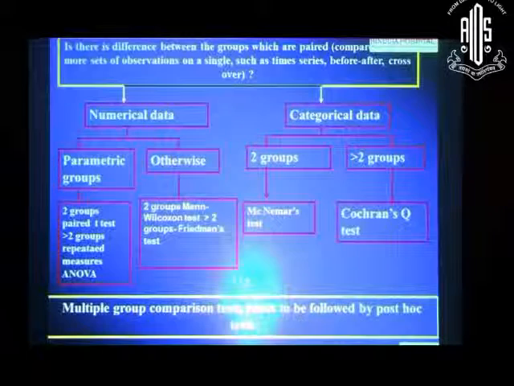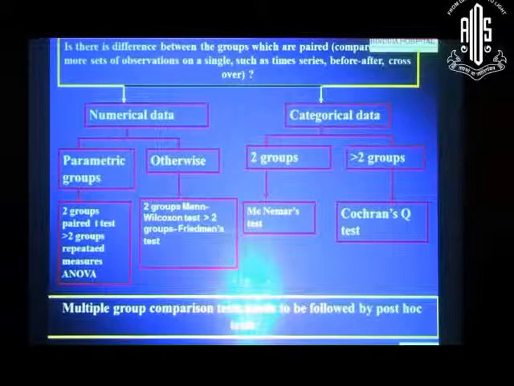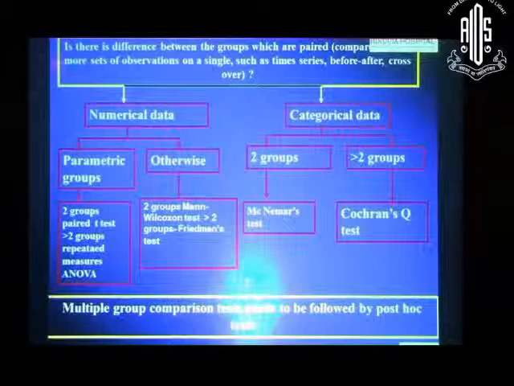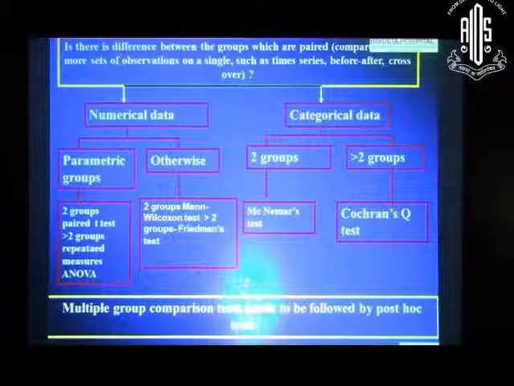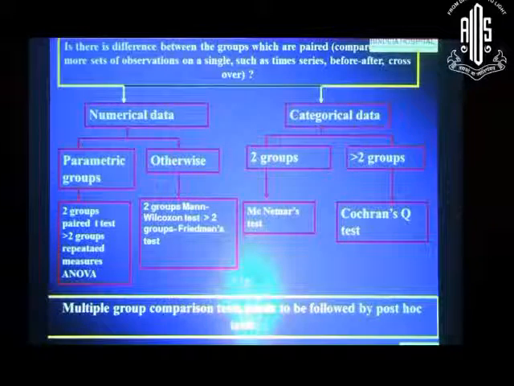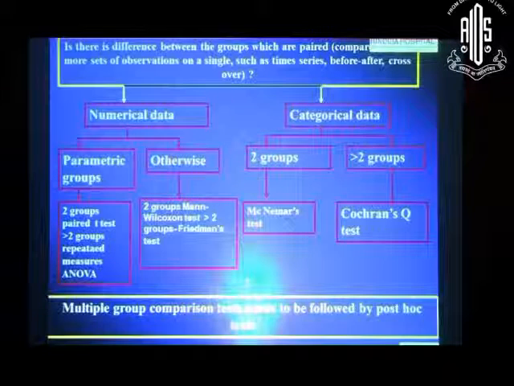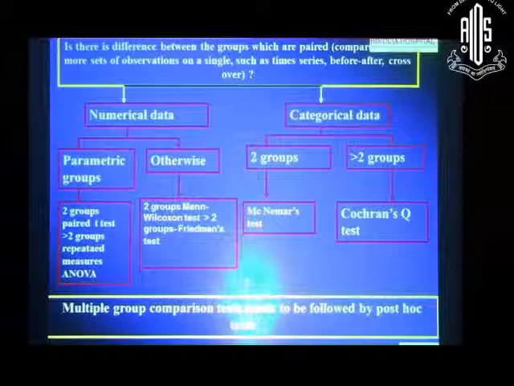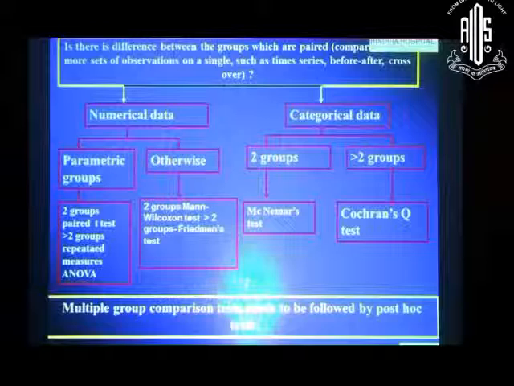Now the next table, where the only difference is whether there is a difference between groups which are paired. Paired means they compare more sets of observations on a single subject, such as time series, before and after, and crossover. Suppose, in the previous unpaired case, I want to see the effect of 2 medicines, 2 interventions: group A is given one medicine, group B the second medicine, and then I take the measurements.